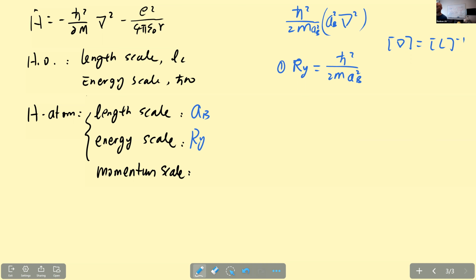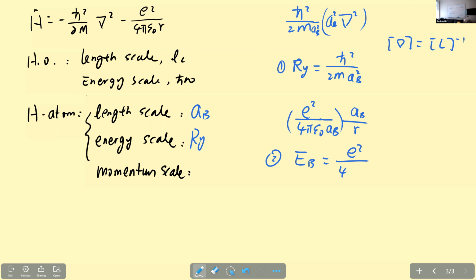And then you can also look at the Coulomb term. This one has a length scale, so if we put a_B right here, this will be the energy. So we can also write this as E_B equals e squared over 4 pi epsilon 0 a_B. Now you have two equations, right?